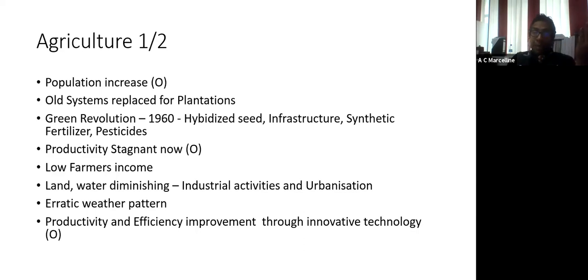Old system replacement of plantations. Since 1960, hybridized seeds, infrastructure, synthetic fertilizer, pesticide all came in, but now the productivity is stagnant. So I've said that as an opportunity because you can go and improve it.